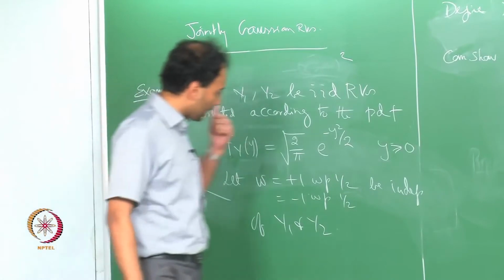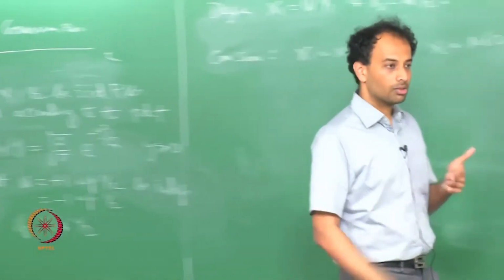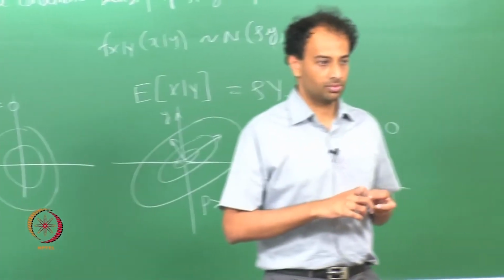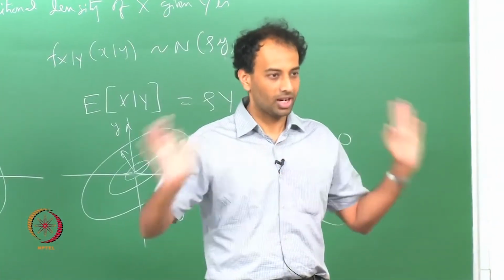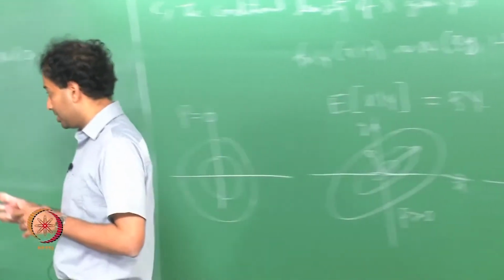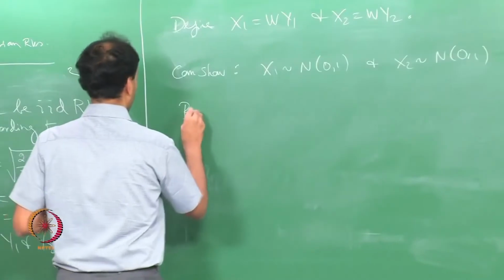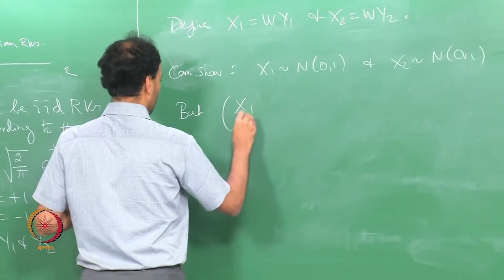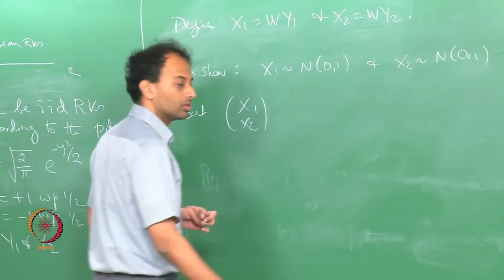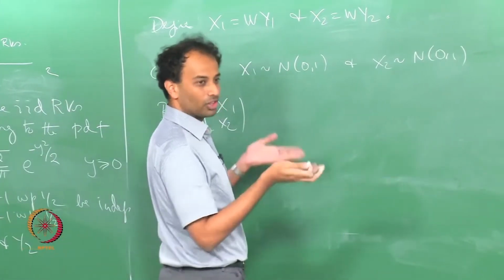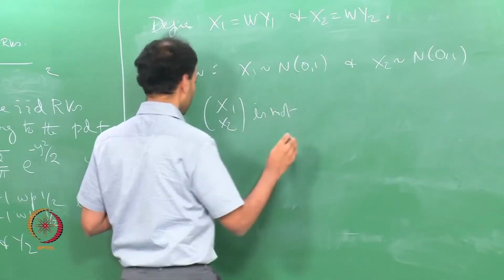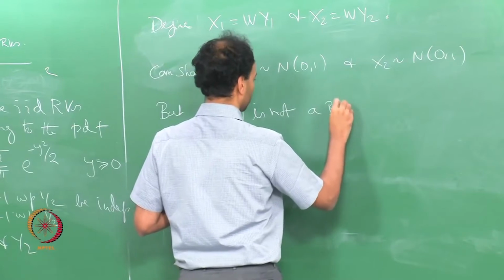So, both x1 and x2 are marginally standard Gaussian random variables, right, they are marginally both Gaussian. But the contention is that (x1, x2) is not a bivariate Gaussian. In other words, they are not jointly Gaussian.